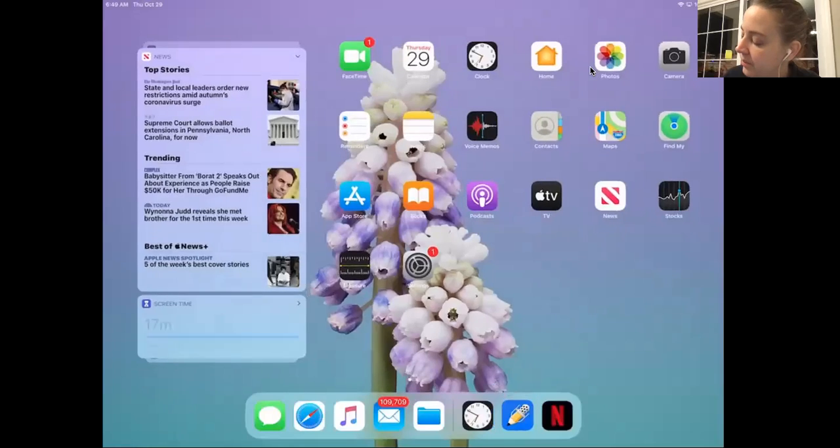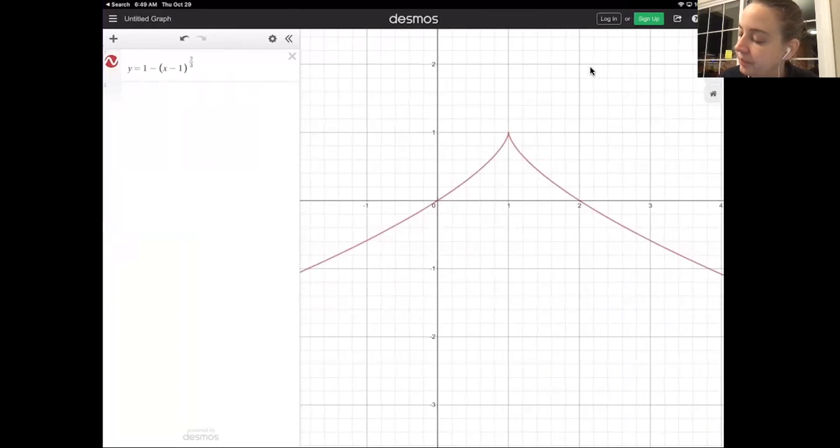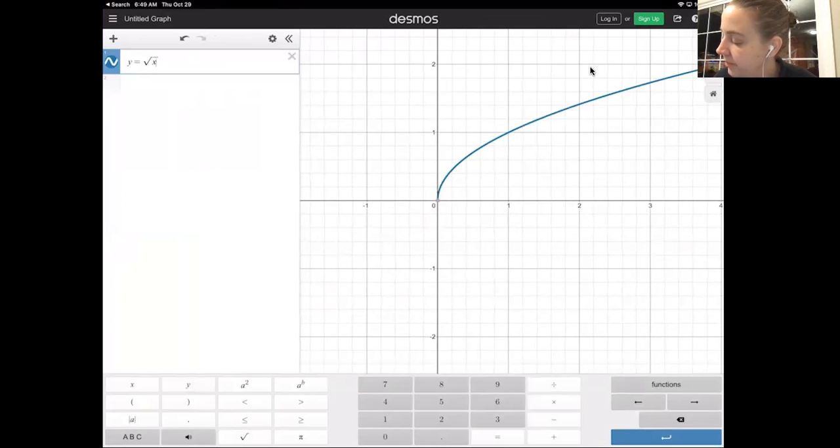And I know, yeah, let's do this. We have the technology, we may as well use it, right? So y equals the square root of x. Okay, ta-da.